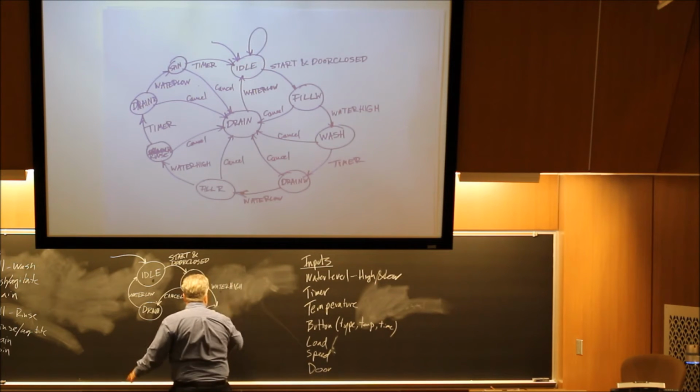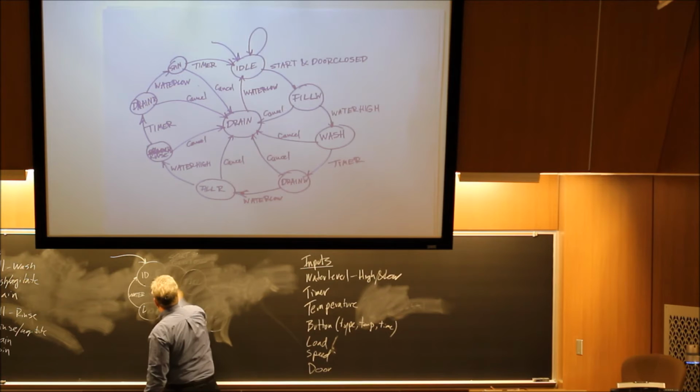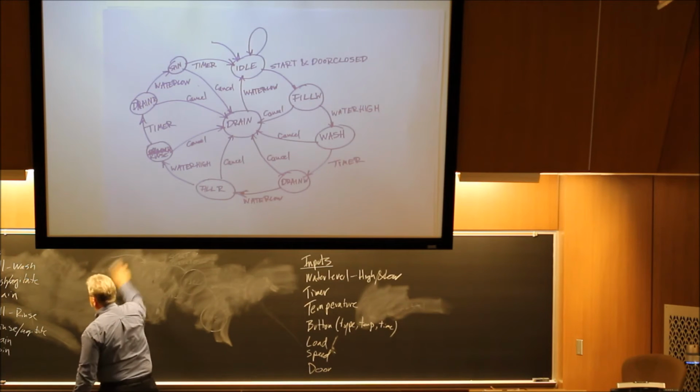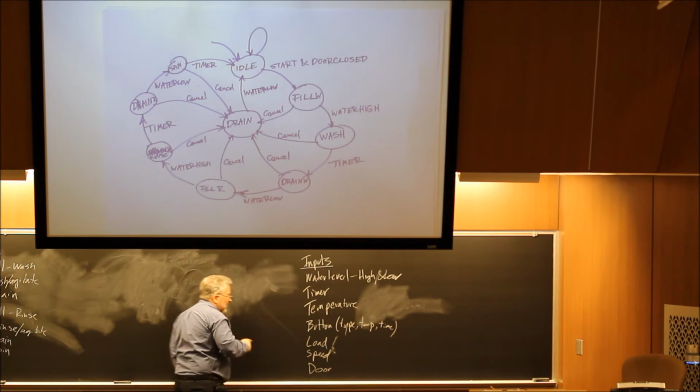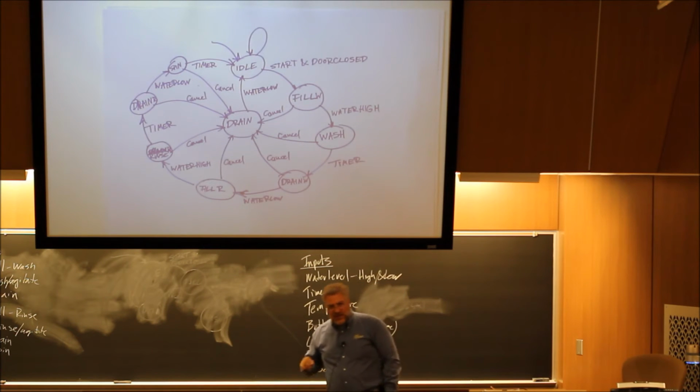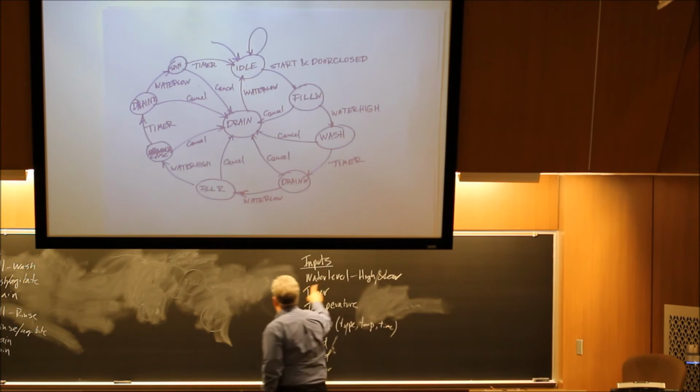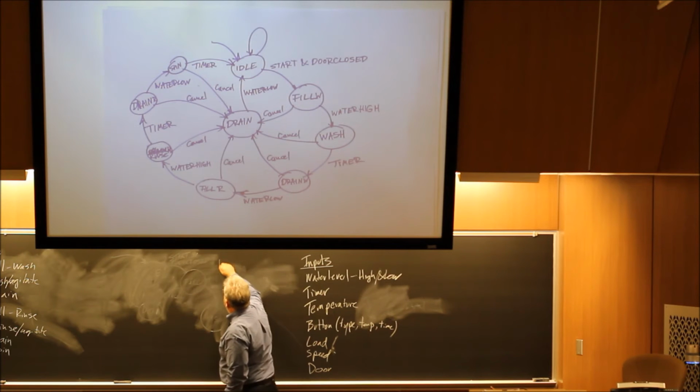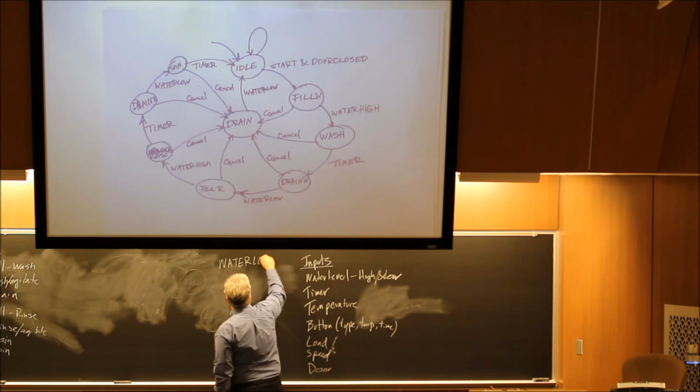Now, let's look again at this. What is going to serve as an input or as some information that would be useful? Let's see. Water level high. Water low. Water high.